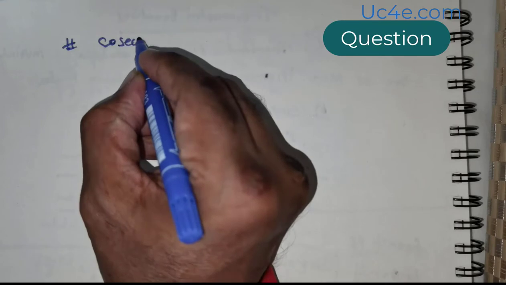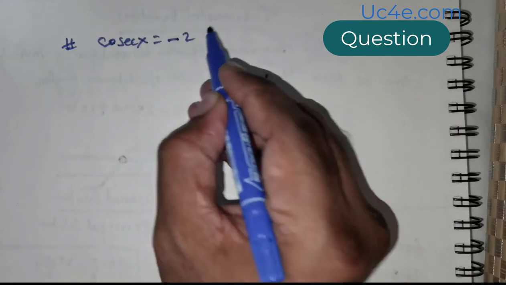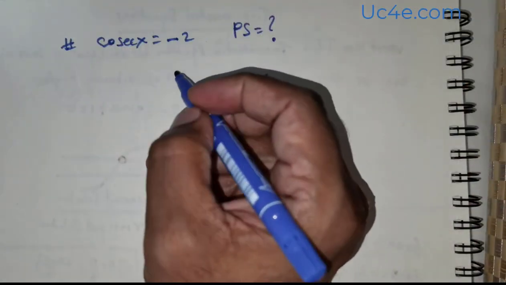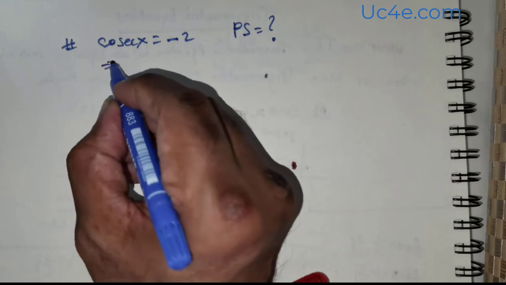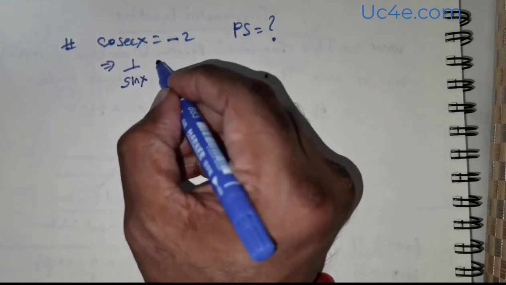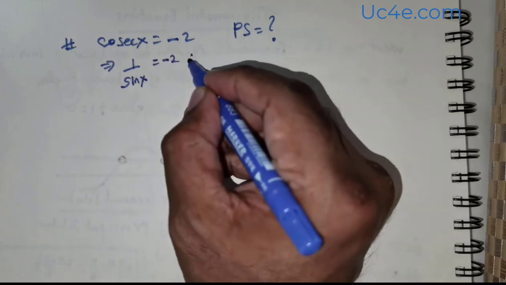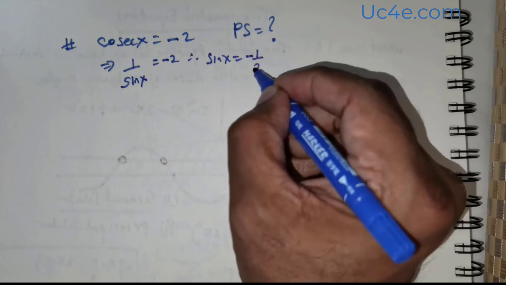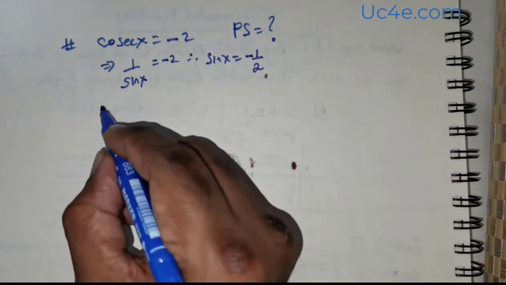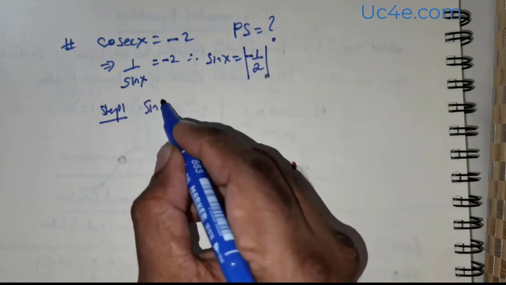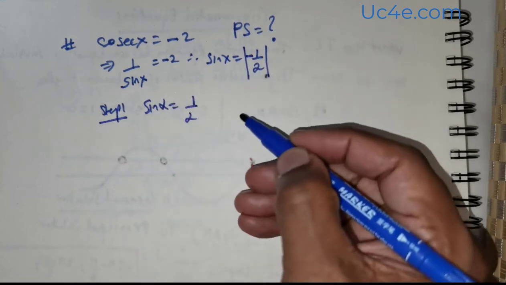Cosecant x is equal to negative 2, and we are expected to find the principal solution. Now cosecant x is equal to negative 2, so this would imply 1 over sine x is equal to negative 2. Therefore sine x is equal to negative 1 over 2. So this is the understanding. So step number 1, we take the modulus of this and write it as sine alpha is equal to 1 over 2.